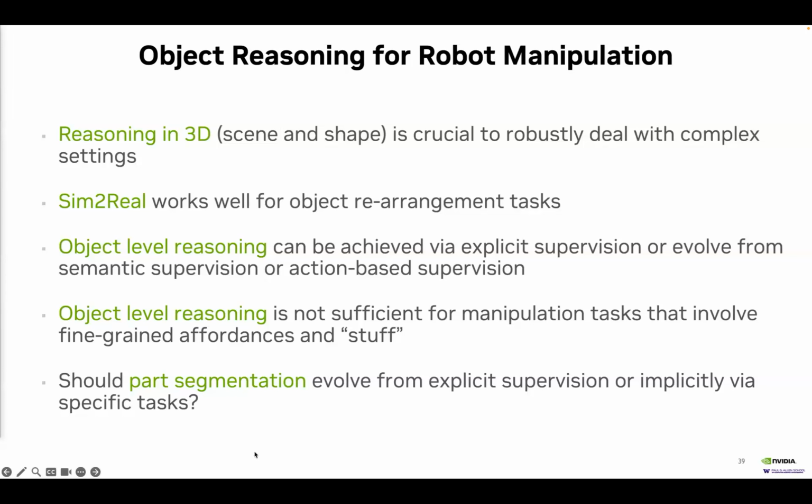And one question in general is this notion of part segmentation. Should that come out of explicit supervision, or could it just evolve in a robotic setting, by giving the robot many different tasks, so that it can learn to reason about the relevant parts of the objects without you giving explicit supervision?